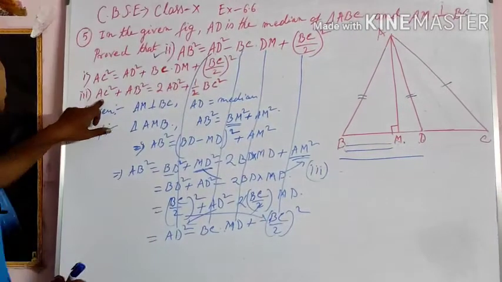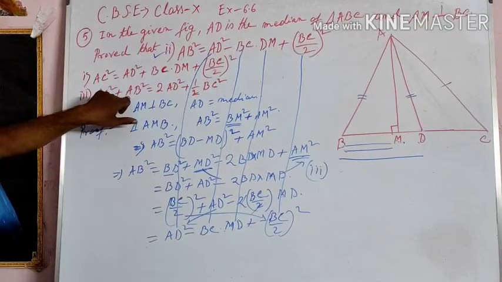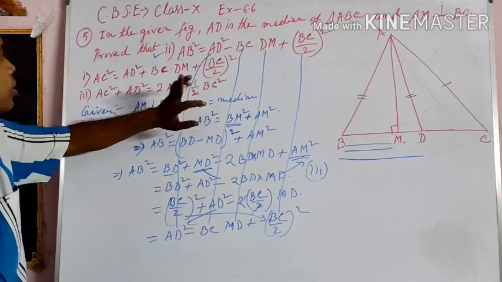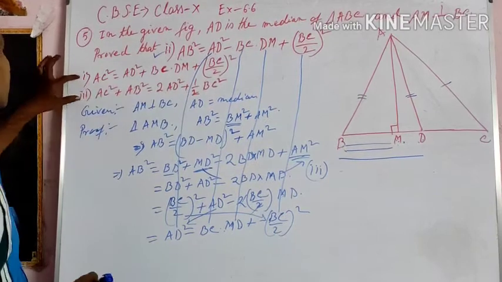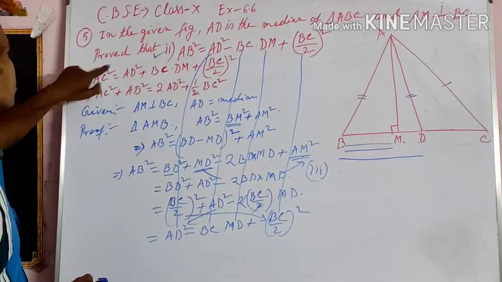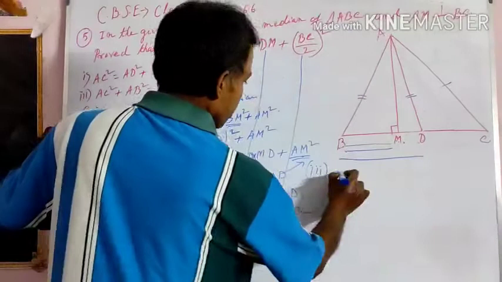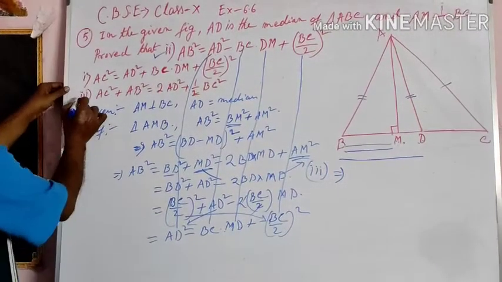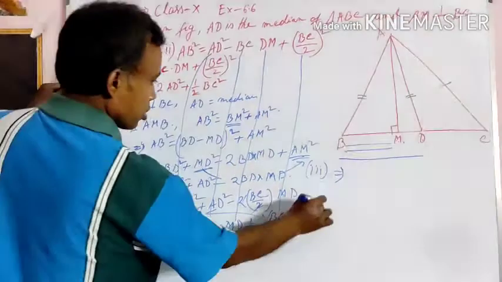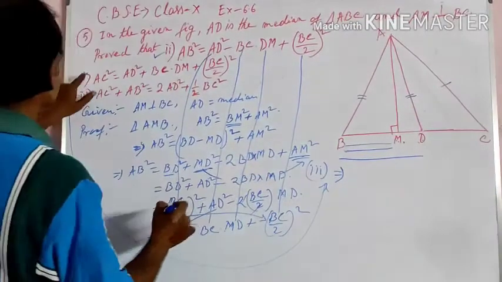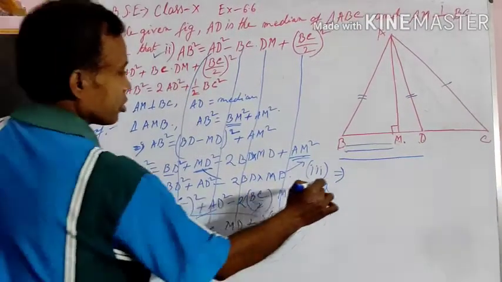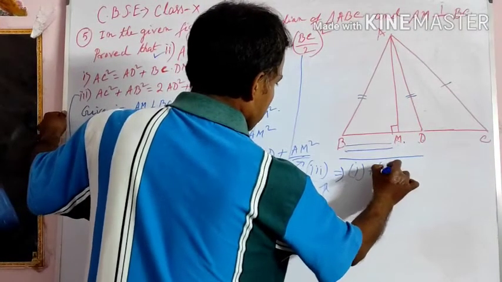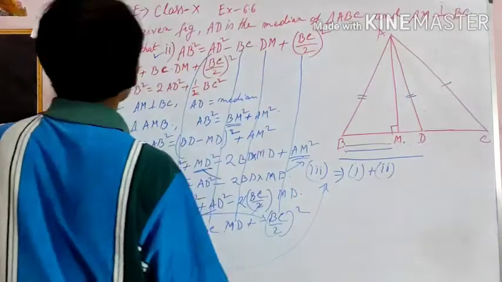Question number 3 is AC square plus AB square is equal to twice AD square plus half BC square. For solving equation 3, add equations 1 and 2, which are already proved.